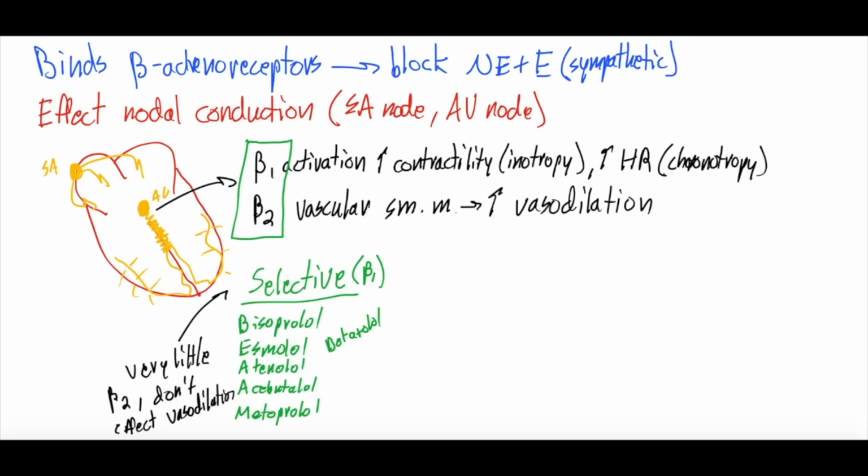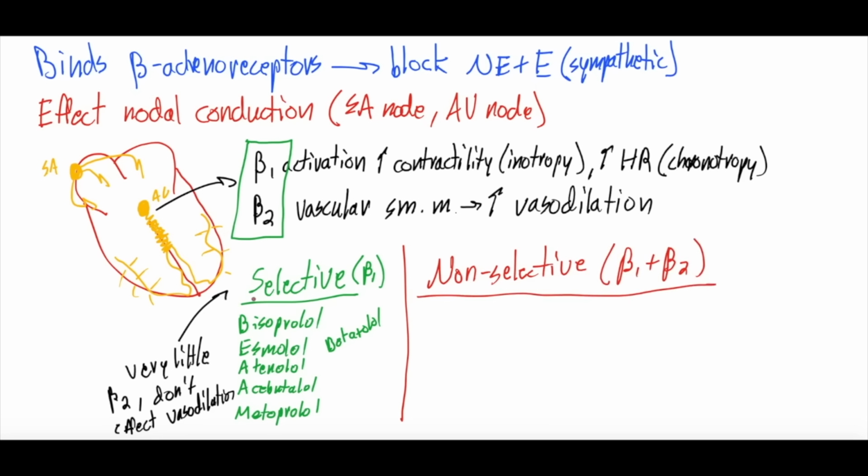This is in contrast to non-selective, which are going to have, as we talked about, both beta 1 plus beta 2 activity. And non-selective are the ones that aren't selective. There's going to be things like carvedilol, labetalol, nadolol, propranolol.